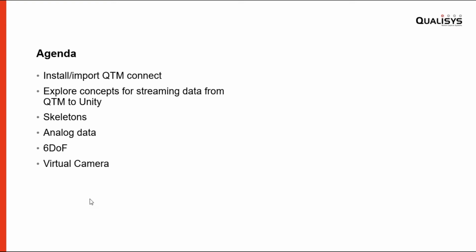And then we're going to have a look at streaming skeletons. We're going to apply them to a Q avatar. We're going to have a quick look at analog data that might be interesting. How to stream 6DoF bodies and connect them to get the data for that onto objects, and just a quick tip on how to make a virtual camera.